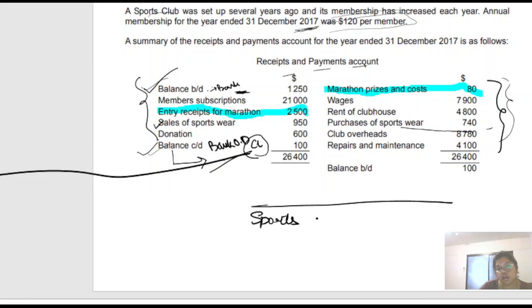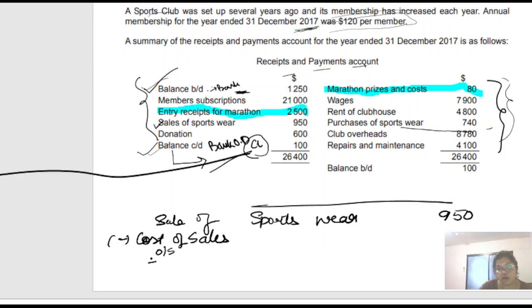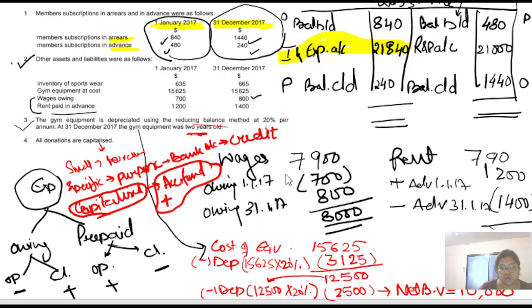Sale of sportswear, which is 950. In that we have to minus cost of sales. You know how to calculate the cost of sales: opening stock plus purchases minus closing stock. Here it is given to you as inventory of sports equipment.